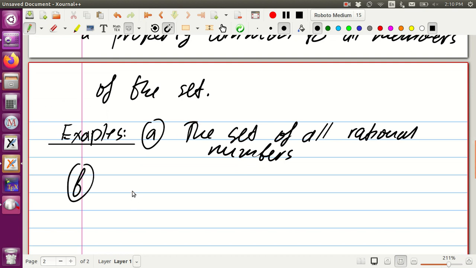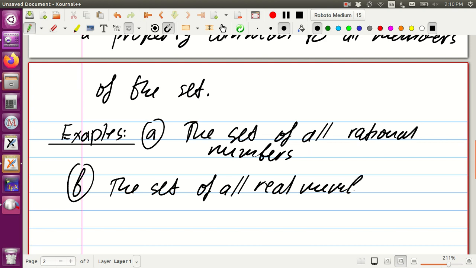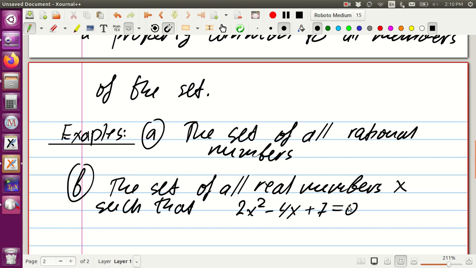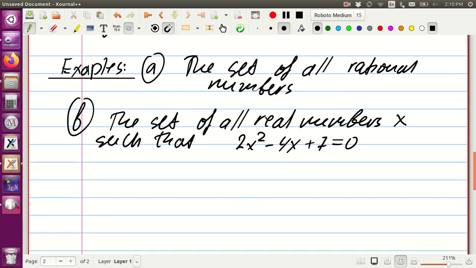Then what else we can say? The set of all real numbers x such that 2x squared minus 4x plus 7 is equal to 0. Then our set will consist of all of the solutions of this quadratic equation.